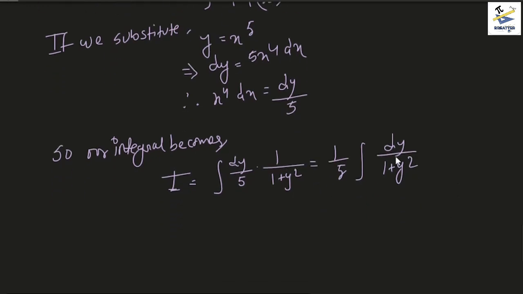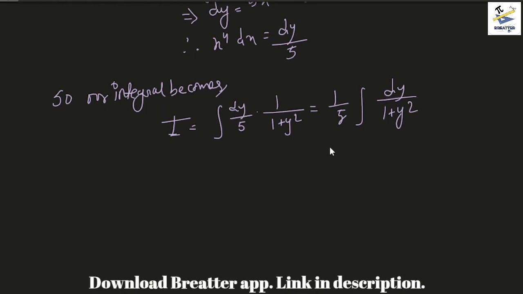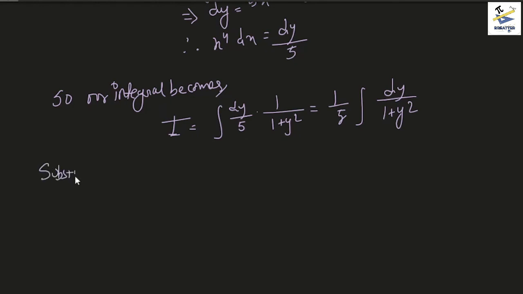Now since we already know the integral of 1 by 1 plus y square is tan inverse y, but if we hadn't known that, we can use trigonometric substitutions in problems where we have something of the form 1 plus x square or 1 plus y square in the denominator or numerator. Because remember, you can make as many substitutions as you want, there is no rule of making only a single substitution for a single integral.